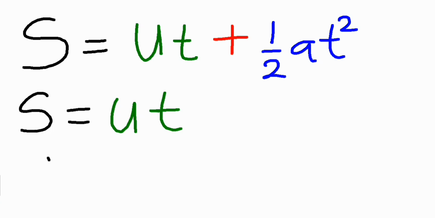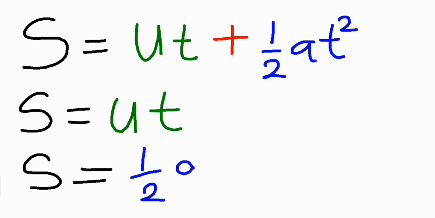So in that case, you're going to use S is equal to half at squared. Now the difference between these two is this one has to do with velocity, and it must be the initial velocity. So the velocity that a particular vehicle starts with, that is the initial velocity.